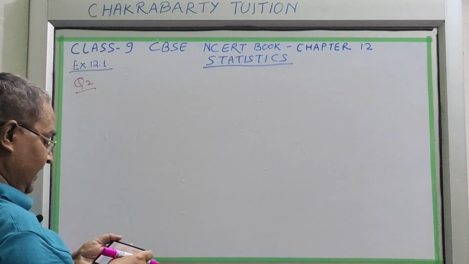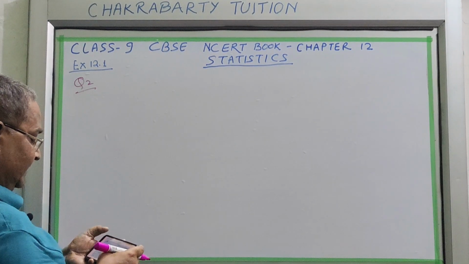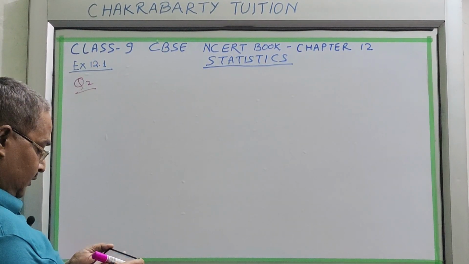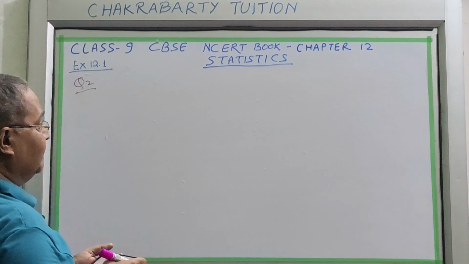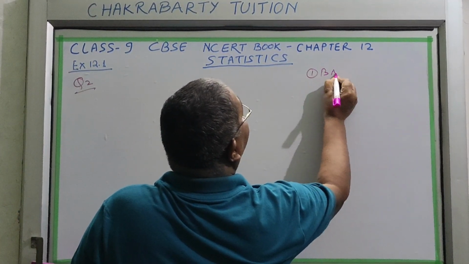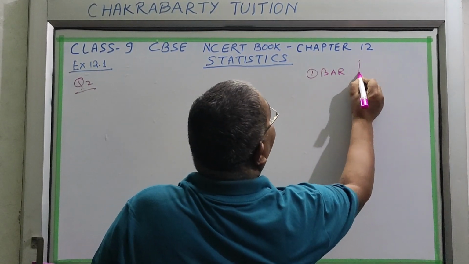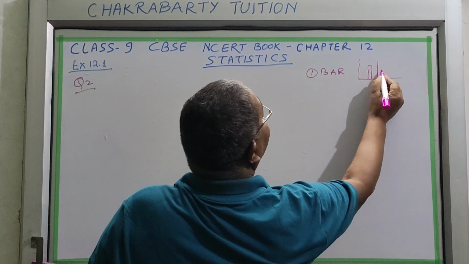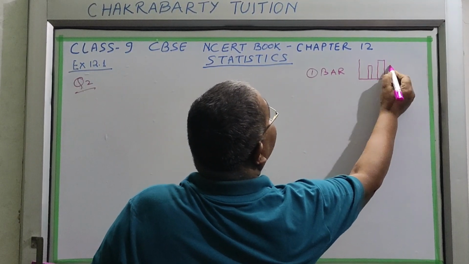One table is given for various sections of the society, and girls per 1,000 boys. You make that as a bar graph. But in a bar graph, what happens? This type of bars will come, and you have to make separate bars.